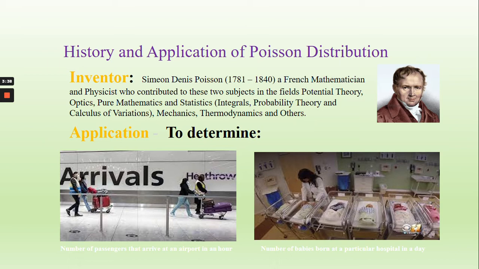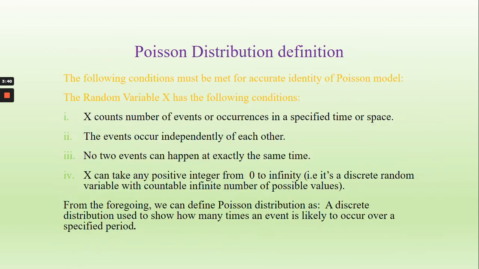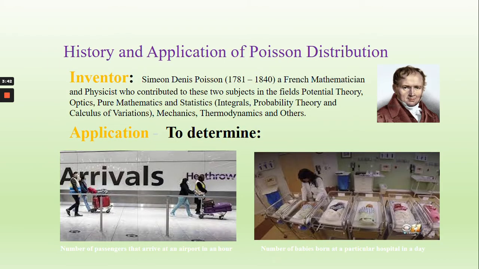Now, under application, Poisson distribution is very much appropriate, especially when you want to consider the number of passengers that arrive in an airport in an hour.